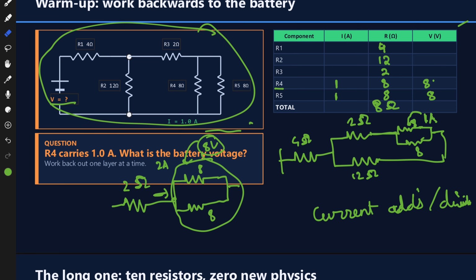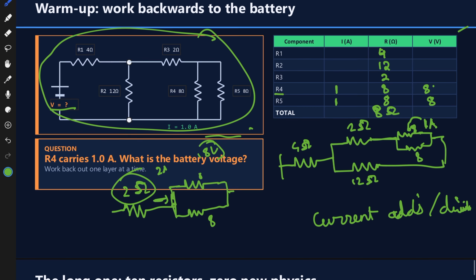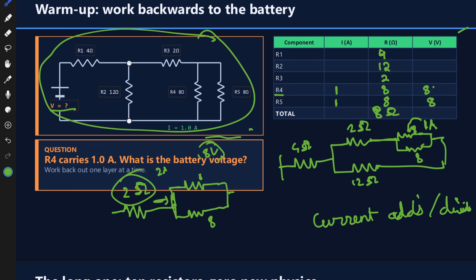So what can we deduce? Let me erase this stuff. What can we deduce about this? If there is 2 amps going through both of, so if we represent this entire branch here, we can simplify these 8 ohms, similarly to what we did before, nothing different here, into the 4 ohm resistor. 1 over R total is 1 over 8 plus 1 over 8, right?